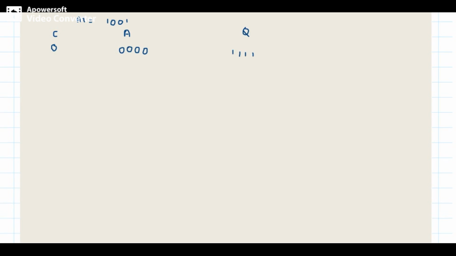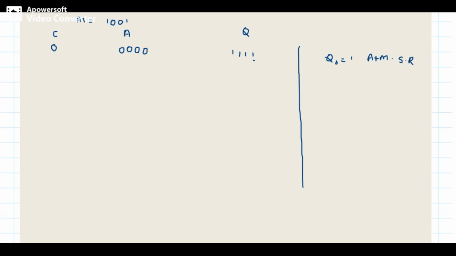So now check the Q0 bit during the first cycle. If Q0 is equal to 1, perform A plus M and shift it right by one position.